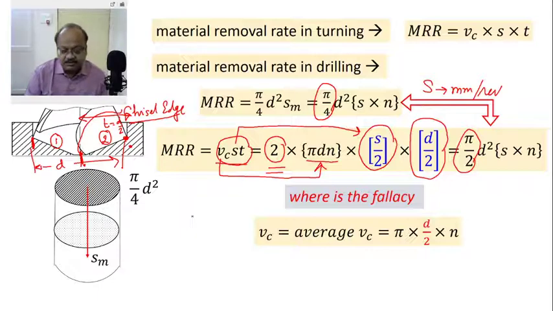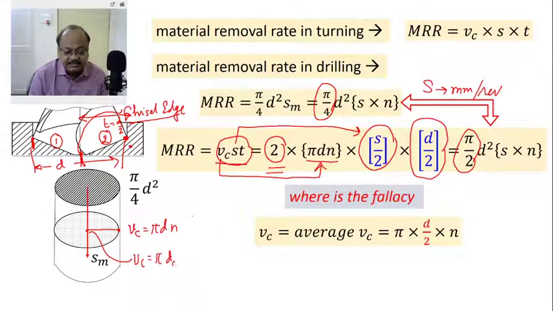The fallacy is with the cutting velocity. If you come here, at the periphery, the cutting velocity is Vc equal to pi dn. At the center, it is also Vc equal to pi d at the center into n. How much is d at the center?